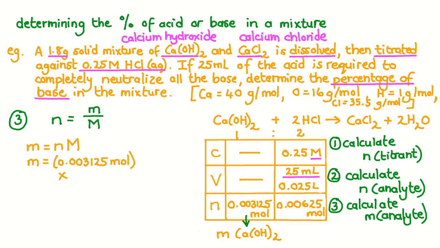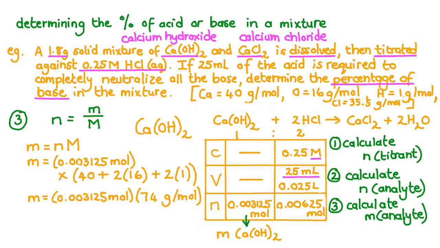Now I'm going to determine the molar mass of calcium hydroxide directly within the equation. There is 1 atom of calcium in Ca(OH)2, and its molar mass is 40 grams per mole, so we write 40, plus 2 oxygens with molar mass 16 grams per mole each, so we write 2 times 16, plus 2 hydrogens with molar mass 1 gram per mole, so we write 2 multiplied by 1.